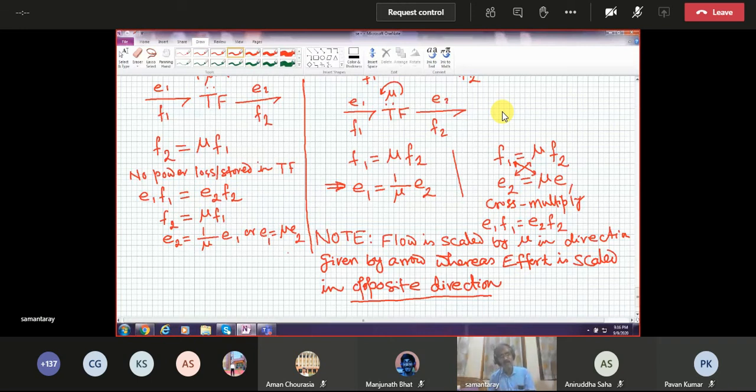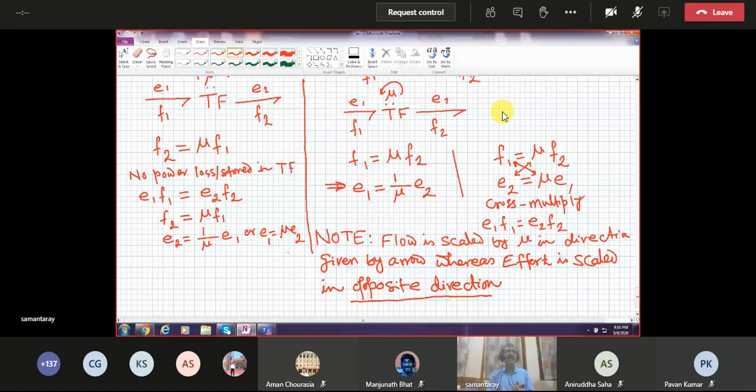That means if F2 is mu times F1, then E1 will be mu times E2. So flow is scaled in one way, and effort is scaled in the opposite way. That's what is meant by the power conserving property of this transformer.